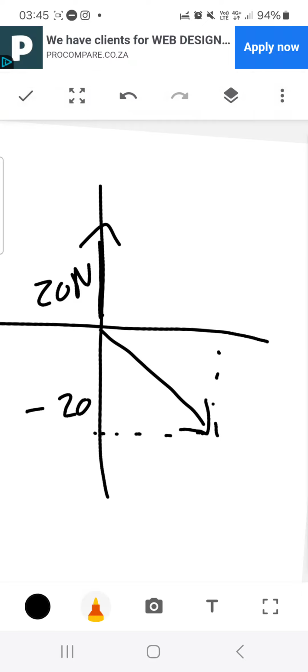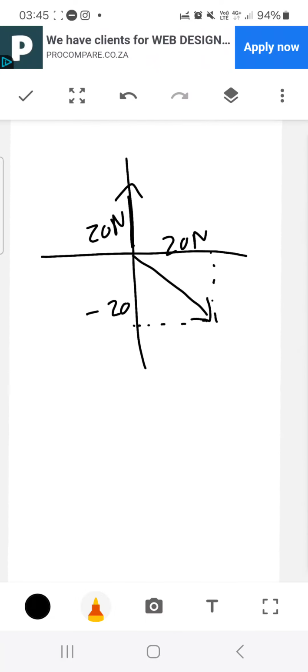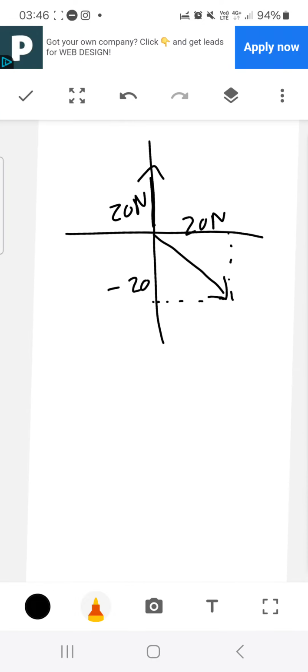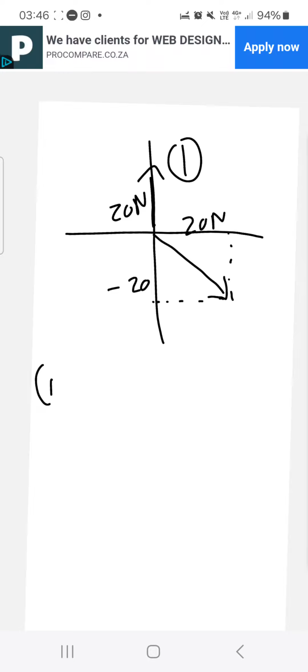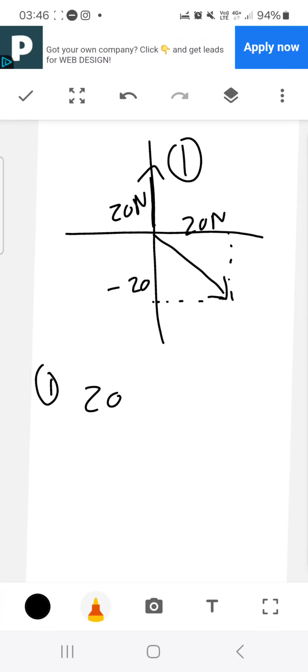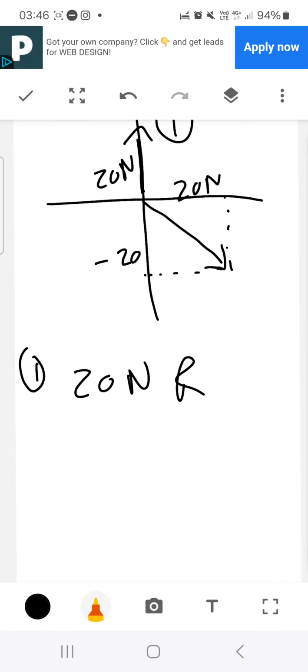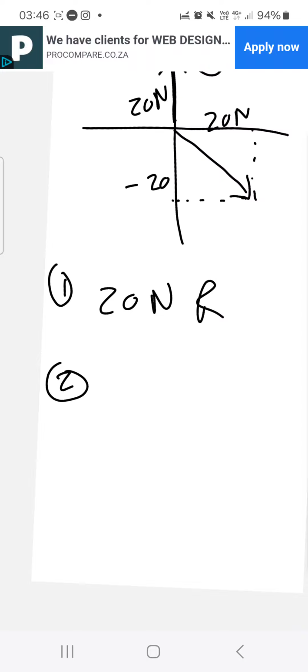And this would be some newtons right, let's say 20 newtons right as well, just so you have easy numbers to work with. And we could say, okay, let's break it up. Our vector 1 is easy, it's just 20 newtons, right? And our vector 2 has two components.